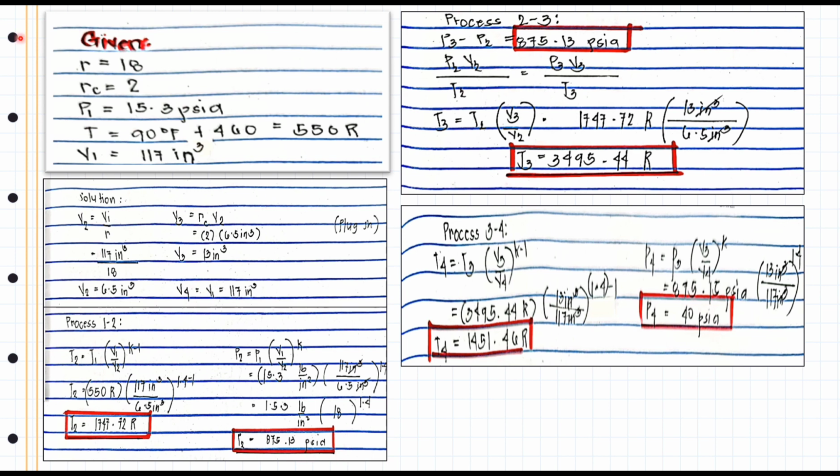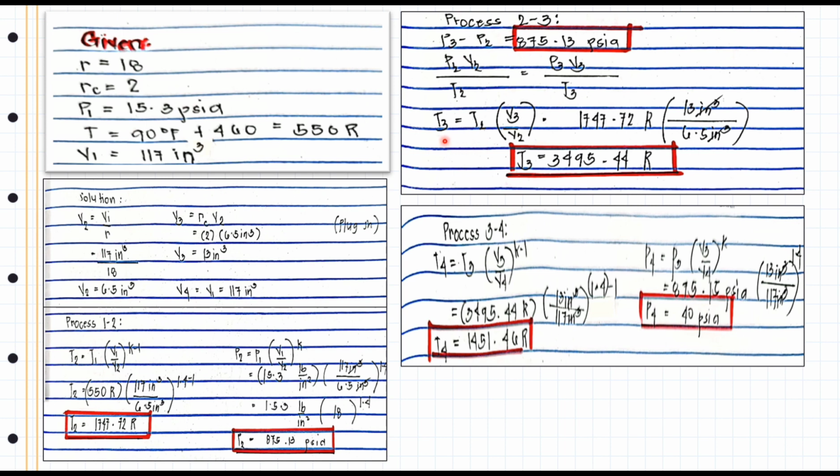Process 2-3, constant pressure heat addition to an ideal gas. So P3 is equal to P2, which is 875.13 psia. To solve for T3, we are going to use this formula: P2 times V2 over T2 is equal to P3 times V3 over T3.